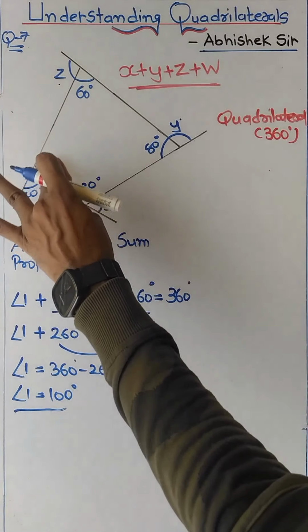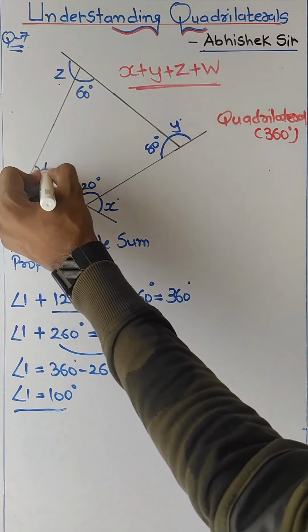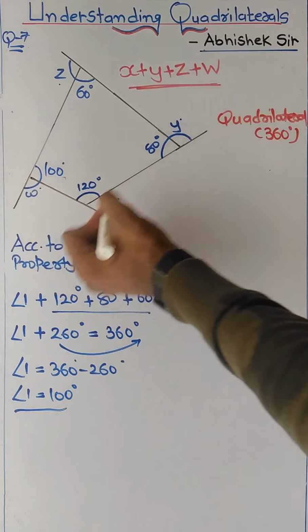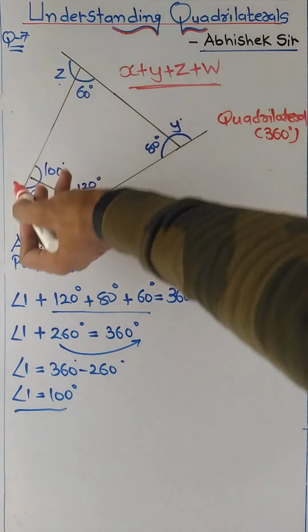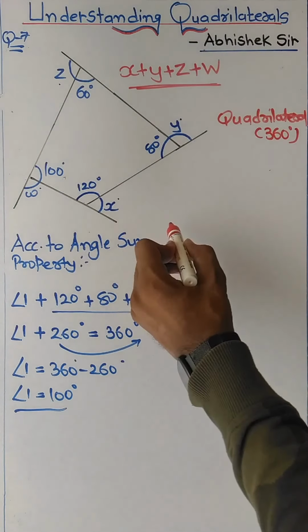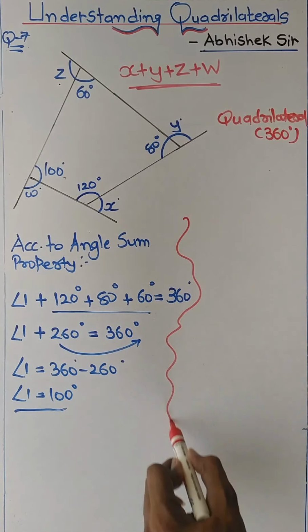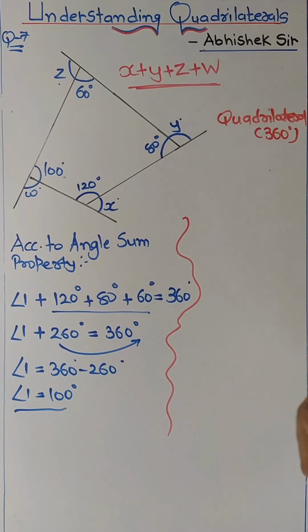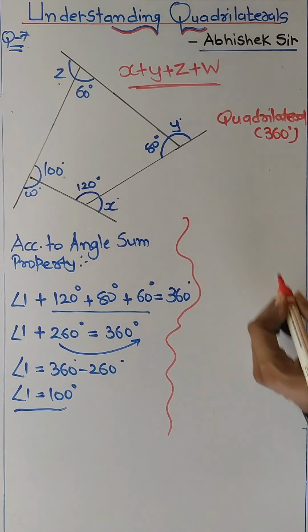So instead of angle 1, I am writing 100, right? Now it is very easy, you see. Now we only have to apply linear pair properties and find x, y, z, w, and at the end we will add. So quickly let us find out the unknown variables x, y, z and w.